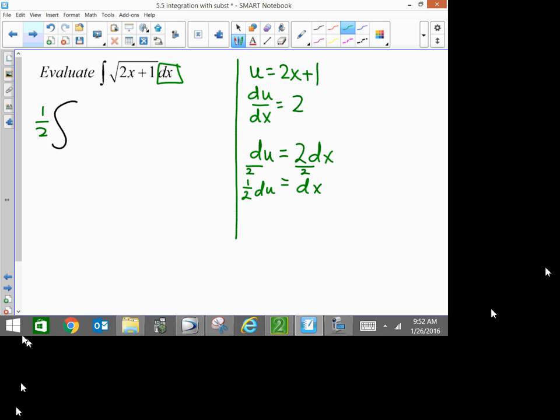I'm just going to go ahead and throw it out front because I know that's where it's going to go. And du is going to go at the end of the integration. Okay, so that's what I'm switching out with my u. I still have my square root, but now instead of 2x plus 1, I have u. Okay? Does that make sense? All right, go ahead and finish it.